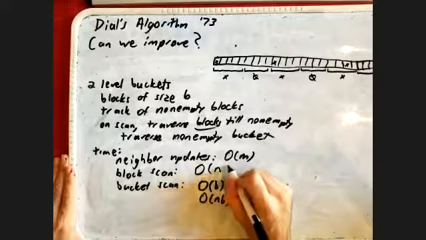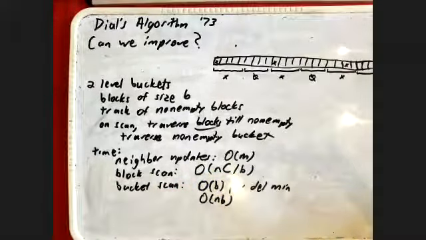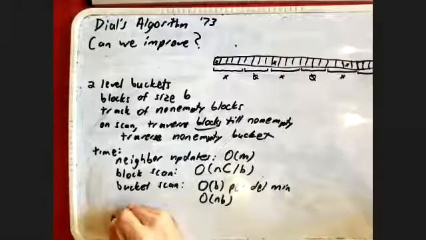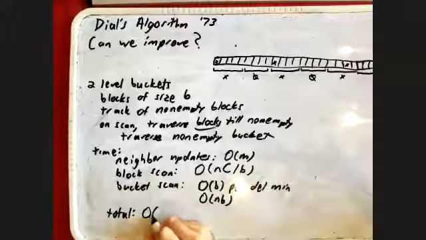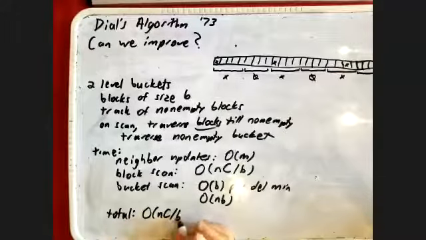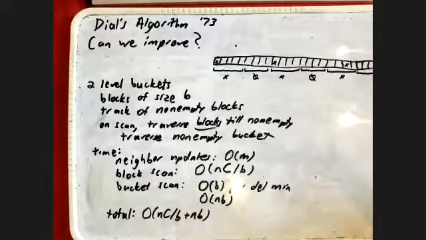And that means that since we go to at most bucket NC, the total block scan time is NC over B, right? So leaving out the M to avoid clutter, we see that we're going to be spending order NC over B plus NB time to do the priority queue operations.